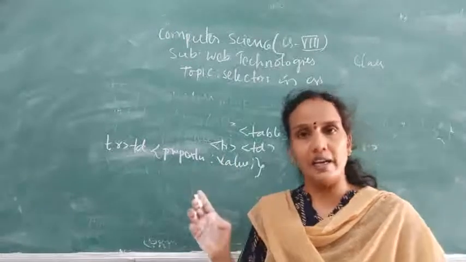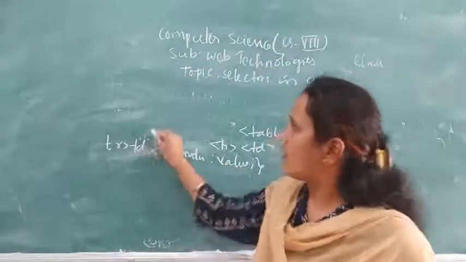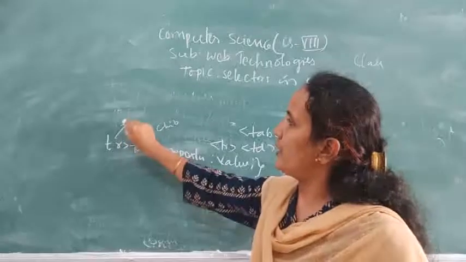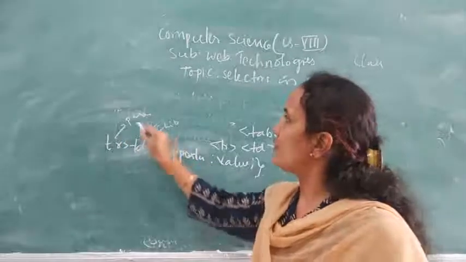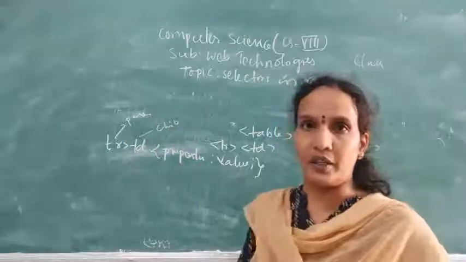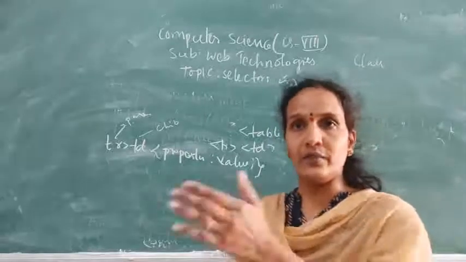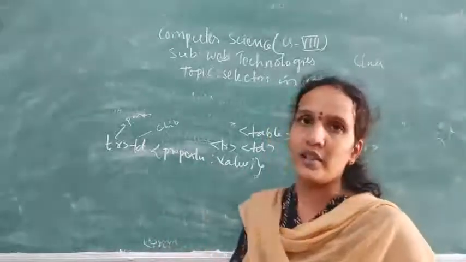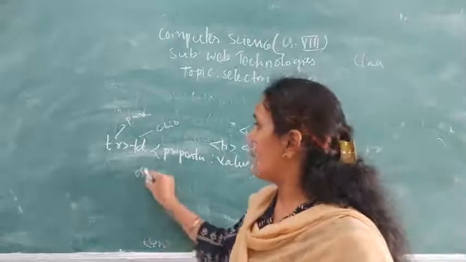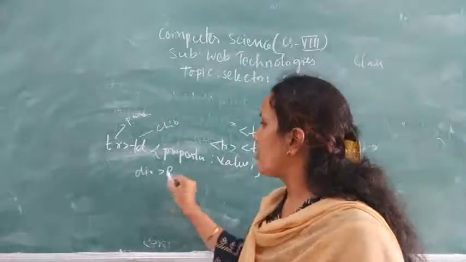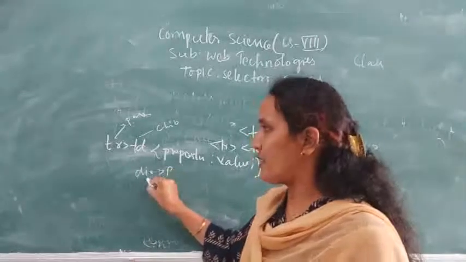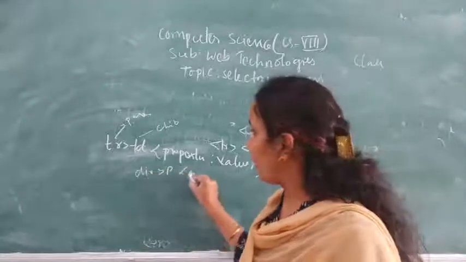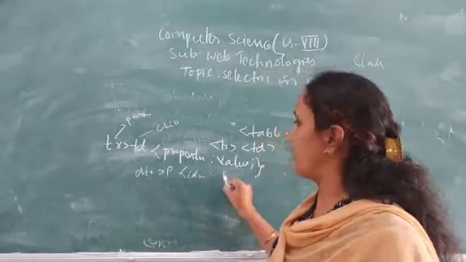With the child element, this is a child and this is a parent element. If you want to give any property to that particular child of the parent, then you can give it by using this child selector, or you can give division, paragraph. So whatever paragraphs are there in the division tag, they can be given different properties like that.